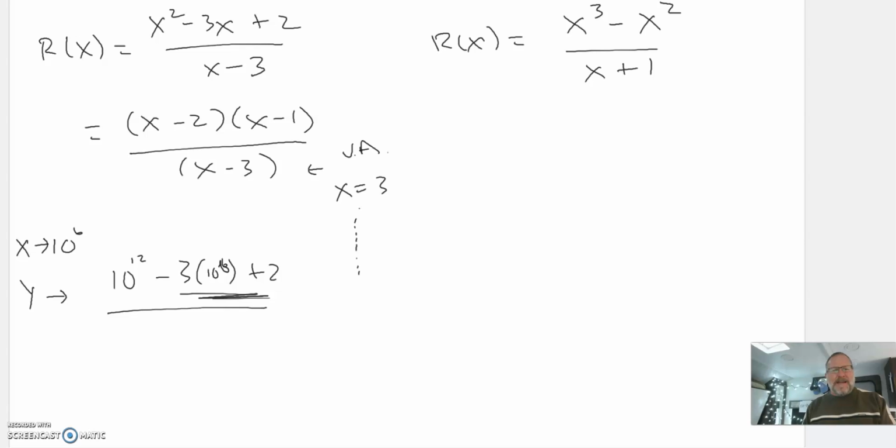And in the denominator, it's just a million minus 3, and again, the minus 3 is just not to focus on in terms of getting this. If I looked at just the first two terms, that's a big number. That's a big number. That's 1,000,000 in itself. So this isn't leveling off at a horizontal, is it?